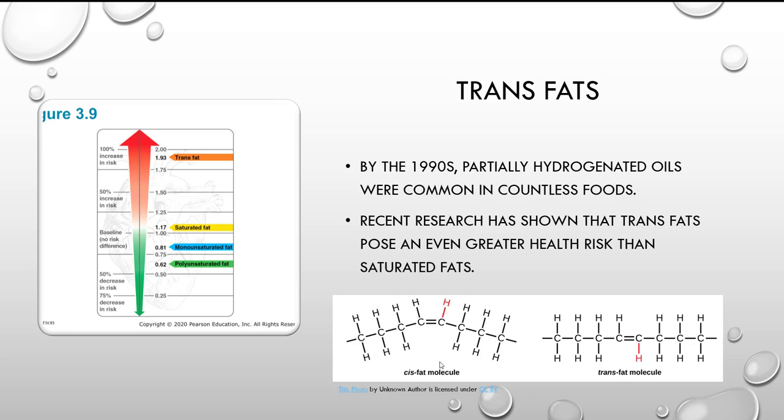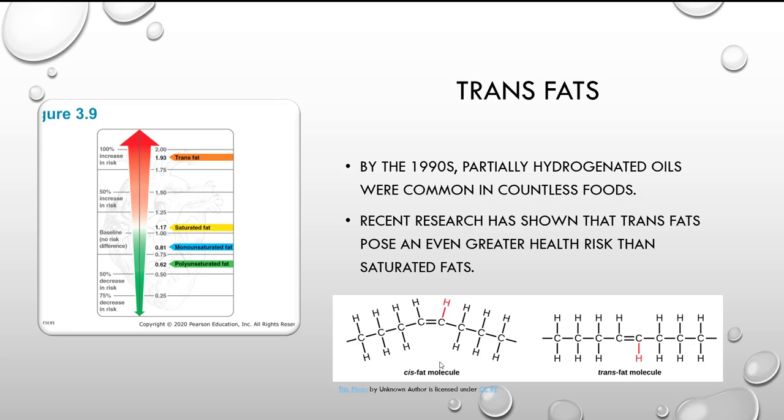So basically what happened is, the food industry decided that they wanted to take plant-based fats and turn them solid at room temperature, instead of using saturated fats, which were mostly animal-based.